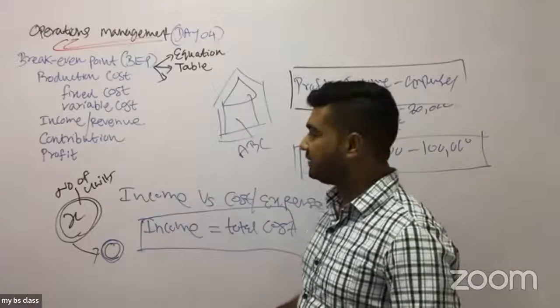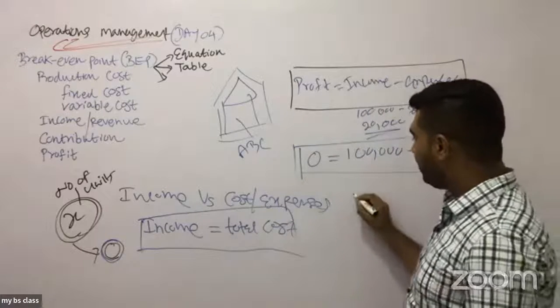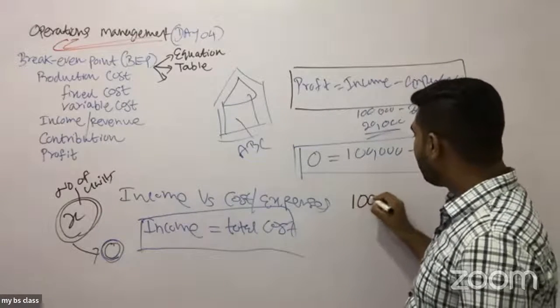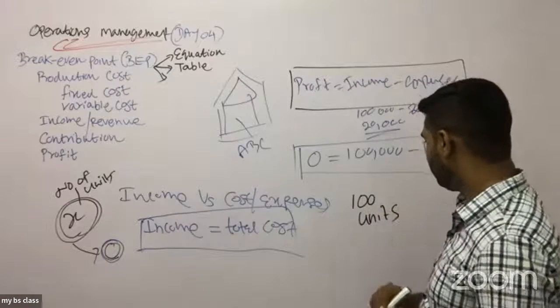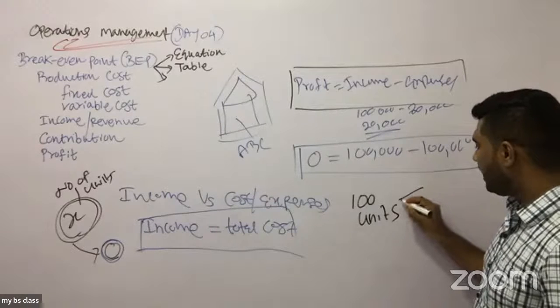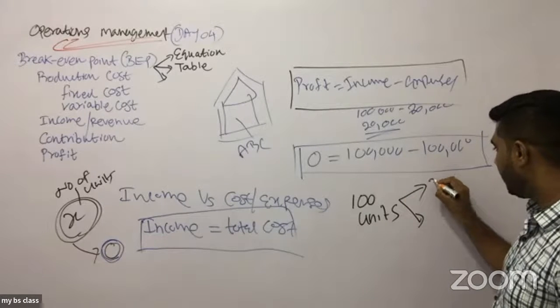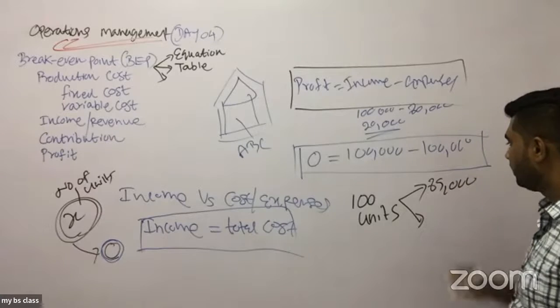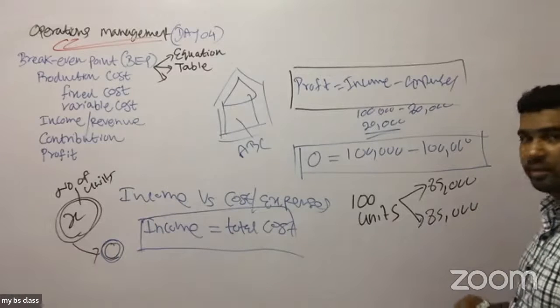Now let's say for a fact that you have produced 100 units, right? Where at this point your income is 85,000 and your expenses are also 85,000.